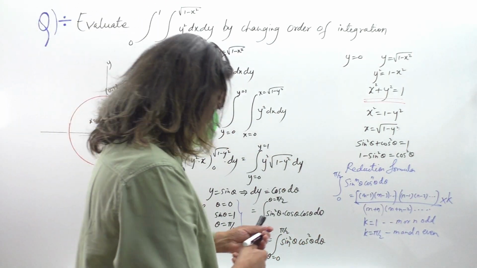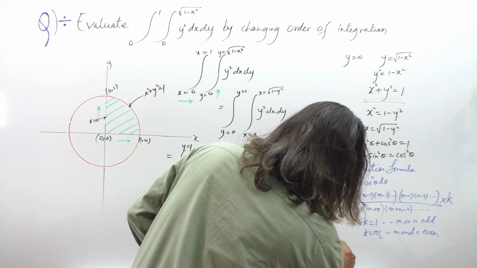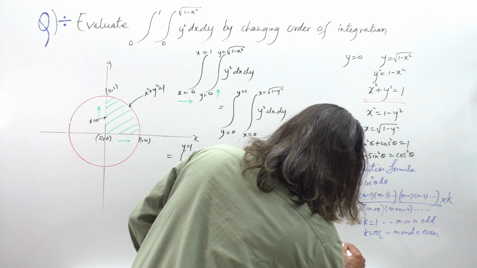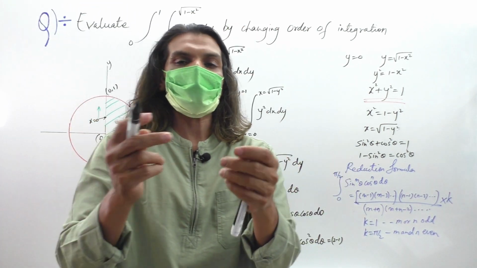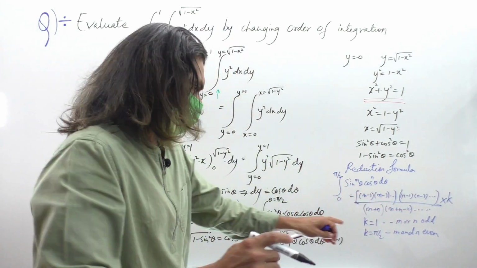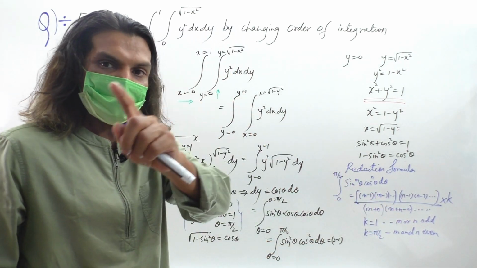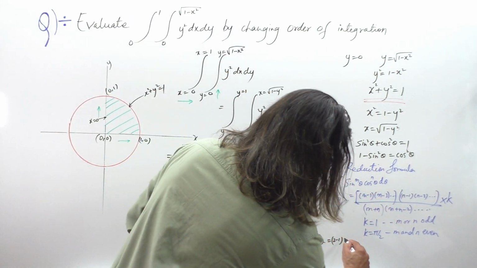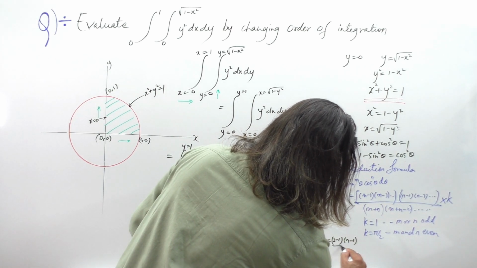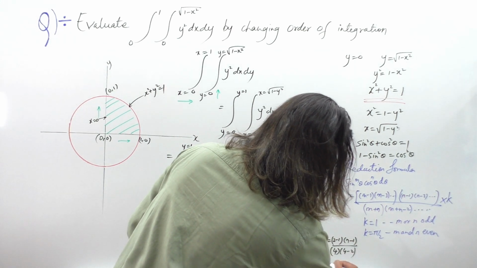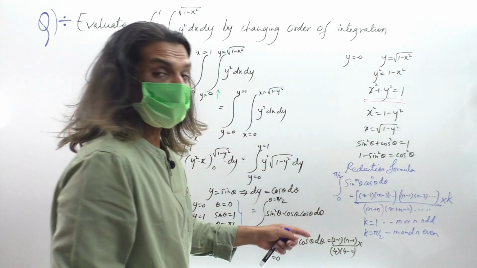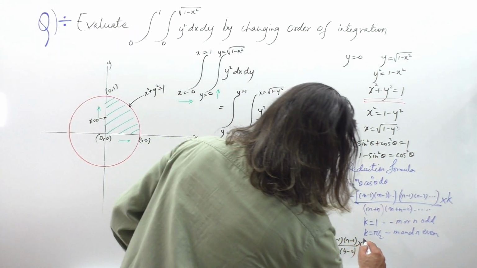Okay, so substitute here and see what you get. For m is 2, you get 2 minus 1, then 2 minus 3. If it is negative or 0, stop there. 2 minus 3 is negative, so stop. The same for n is 2: 2 minus 1, upon 2 plus 2, which is 4, into 4 minus 2, and since both are even, the factor is pi by 2.